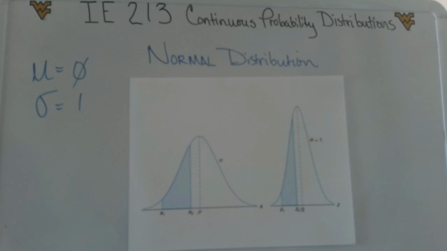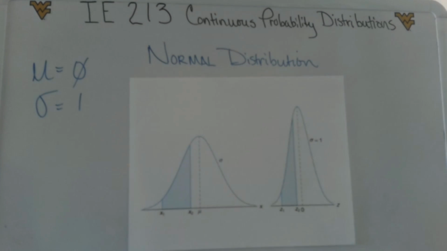So the original and transformed distributions are illustrated on our chart. The shorter curve is the original normal, and the taller curve is the z-curve. And you can see where it shows the mu is equal to 0 and the sigma is equal to 1.